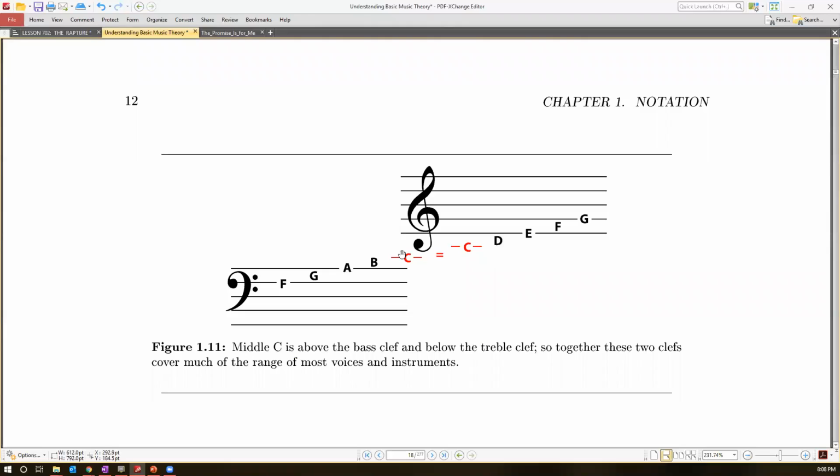Always remember, in sheet music, the C on the first ledger line above the bass clef is equal to the C on the first ledger line before the start of the first line of the treble clef. So the sound is the same. The note is the same.